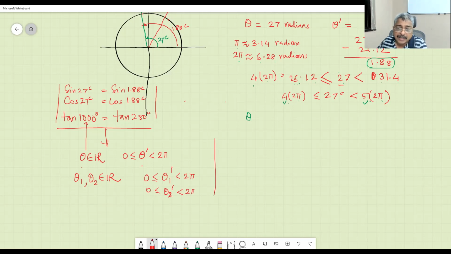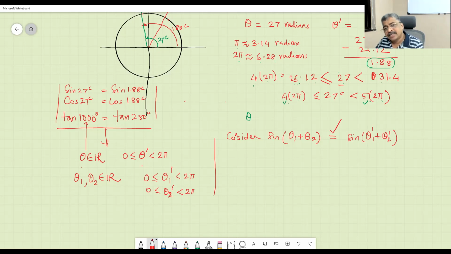And if I consider sine of theta 1 plus theta 2, can I say confidently that it is equal to sine of theta 1 dash plus theta 2 dash? Can I say confidently, unless I am really sure about it? So can you be a little sure about this?